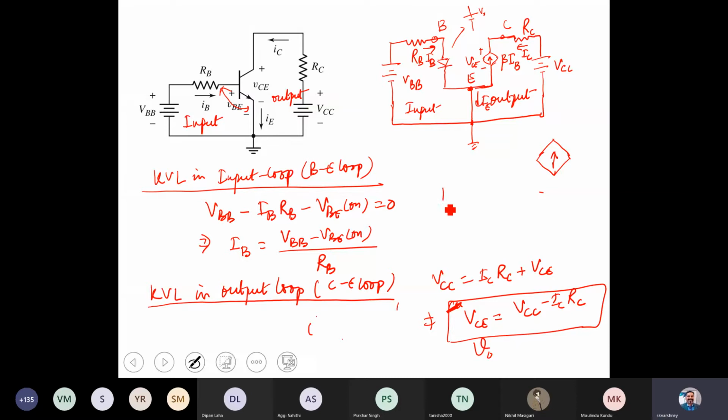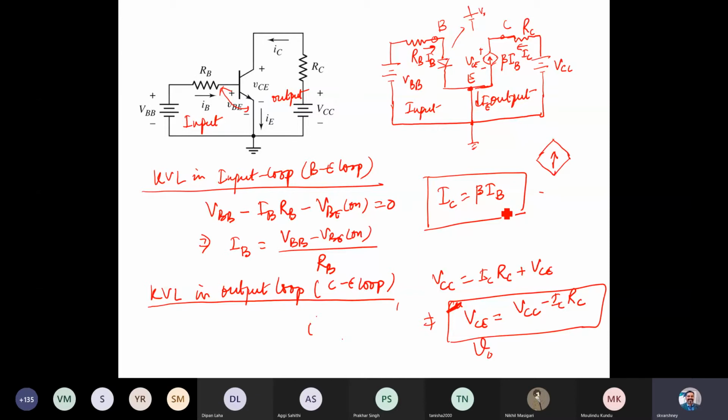Of course, your IC is related to beta into IB. As I mentioned, if IB is 0, the base current is 0 when the voltage applied forward to the base to emitter junction is less than 0.7 volt, or VBE on.